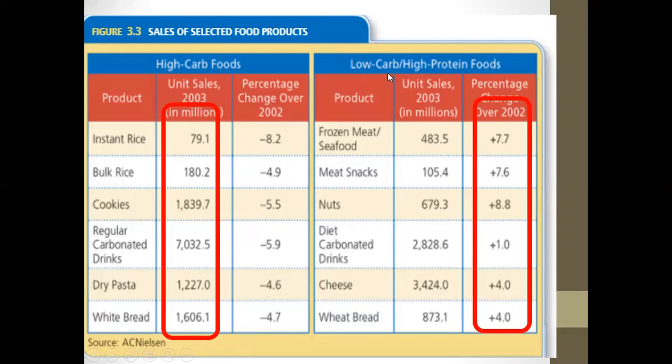Y acá, en el otro lado, los low carb, high protein foods, vemos cómo aumentó los diferentes rubros. +7, +7, +8, +1, +4, +4, el pan integral. Así que de esta manera el mercado se va alineando y va ubicando asignando sus pocos recursos para satisfacer las necesidades del mercado.